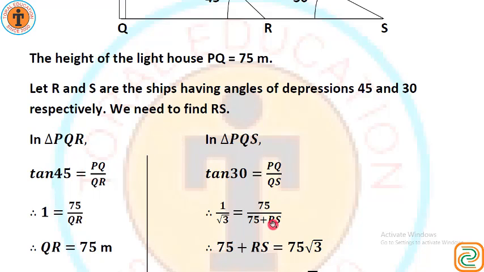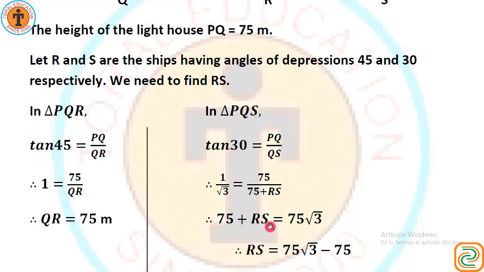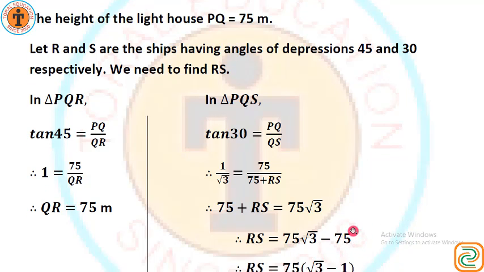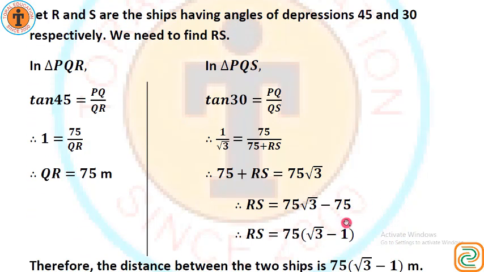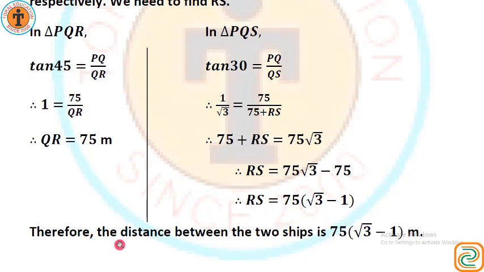Now we will take this here and root 3 there. So 75 plus RS equals 75 root 3. Therefore RS equals 75 root 3 minus 75. Taking 75 common, we get RS equals 75 (root 3 minus 1). RS is the distance between the two ships.